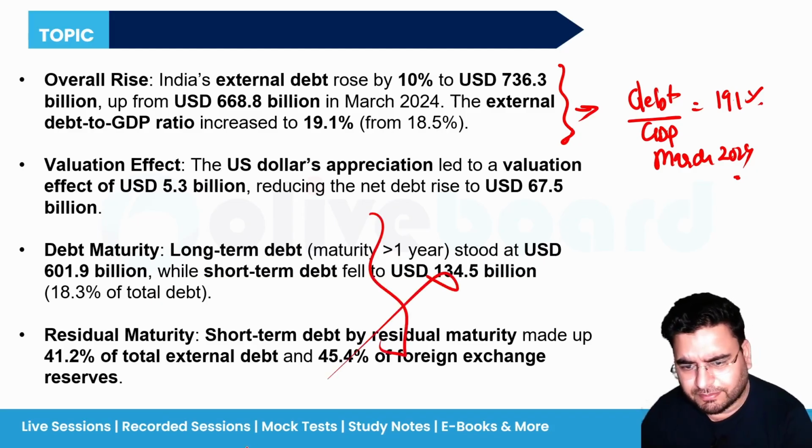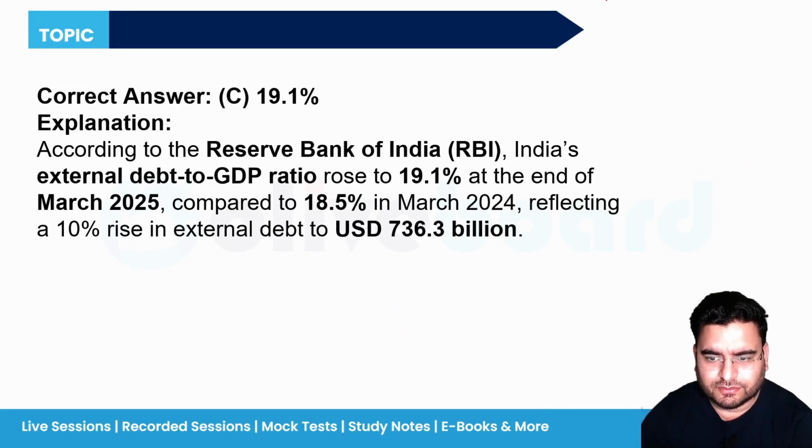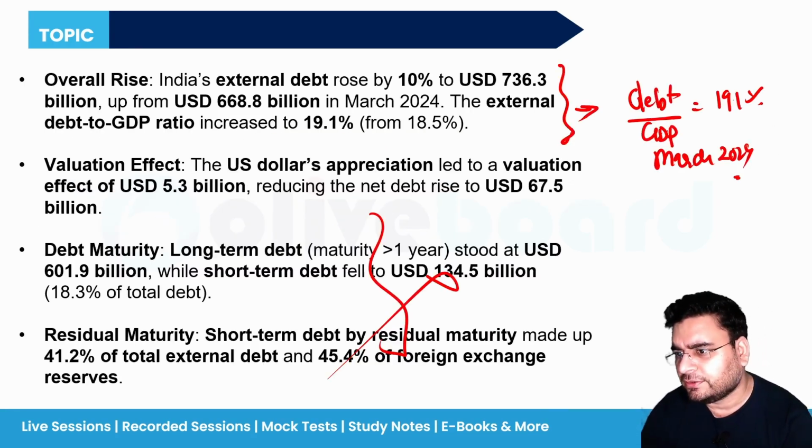The rest you don't have to remember, okay? This is just for your understanding. We are not going to go into detail. That is not at all required for your exam, because this is more of an economic thing. Earlier it was 18.5% in March 2024. In March 2025 it is 19.1. I think I have miswritten it here. So it is 2025.